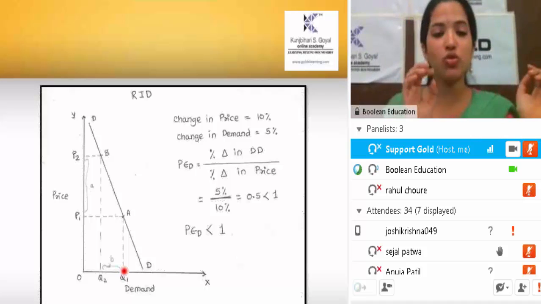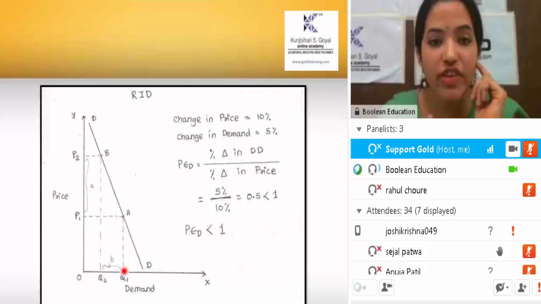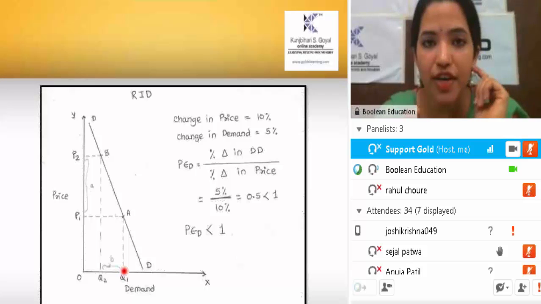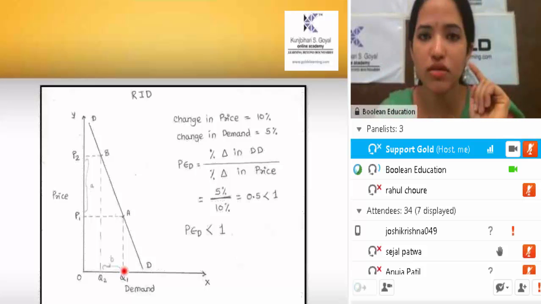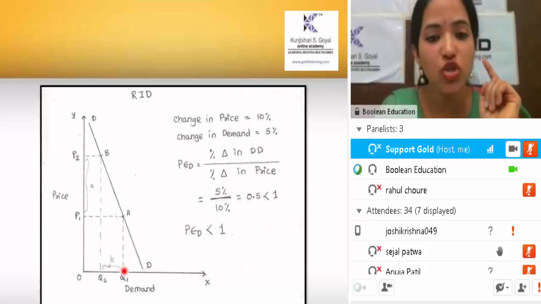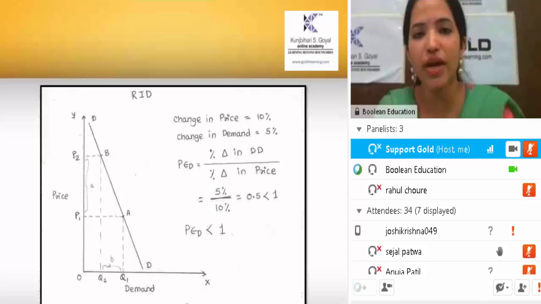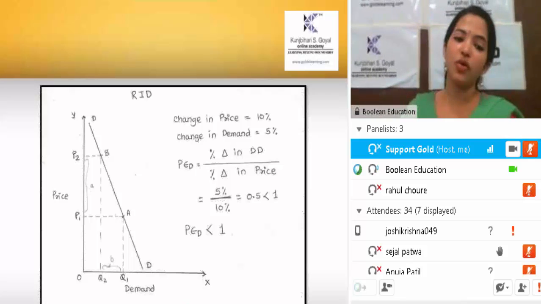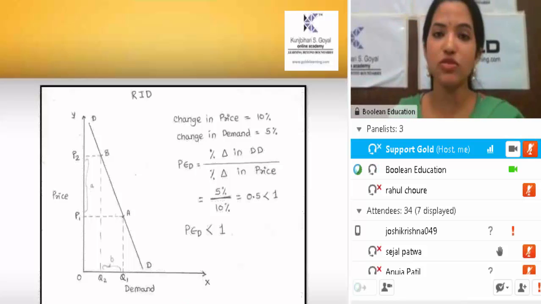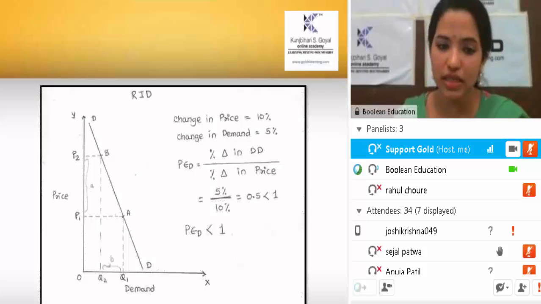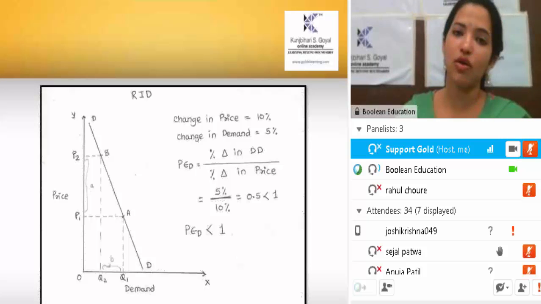So simply यहाँ पे देखिए, 0.5 is obviously lesser than 1. So in the case of relatively inelastic demand, price elasticity of demand will always be lesser than 1.